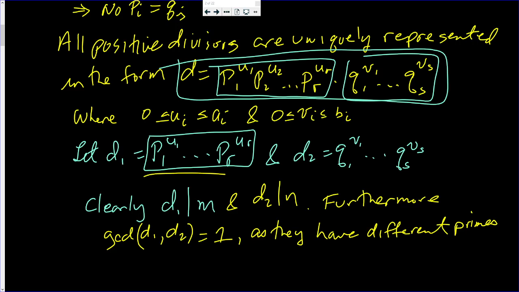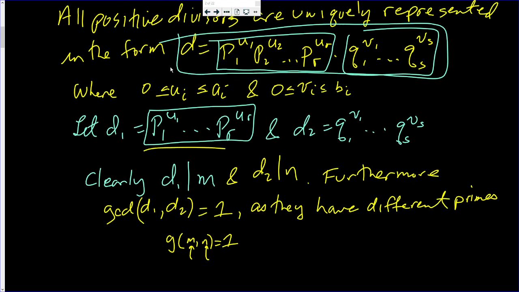You can also argue that since the GCD of m and n is 1, if you only take some factors of m and you take some factors of n, then the GCD of that pair will also be 1. That is, I'm replacing m with D1 and n with D2. How on earth can the GCD of these two be bigger than 1?